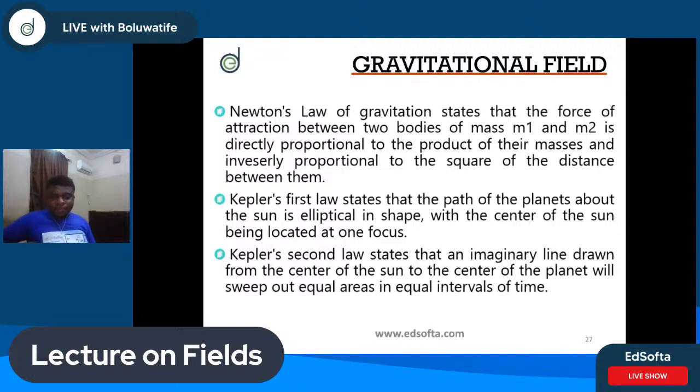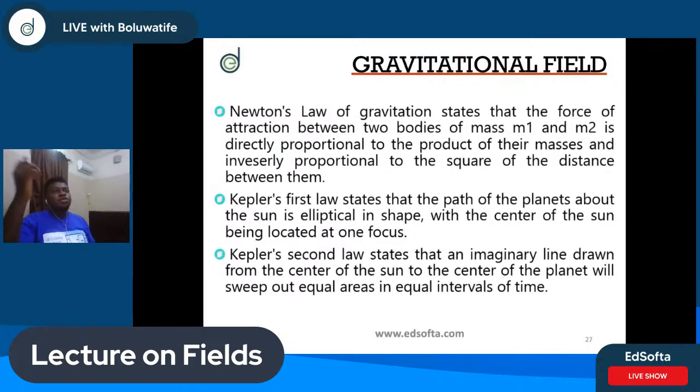So if you draw an imaginary line from the center of the sun to the center of the planet, it will cover the same area in each of the 30-day months, September, April, June, and November.